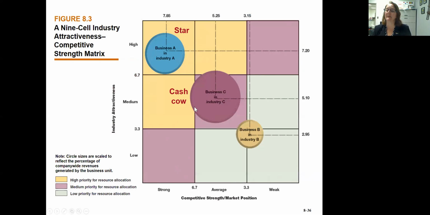Business C in industry C, you can see that the dollar value, the business volume, is bigger based on the size of the circles, and it's a cash cow, so it's going to bring in quite a bit of money without large expenditures. And then business B in industry B, weak competitive strength, low attractiveness. You really would not want to hold on to that or invest in that.